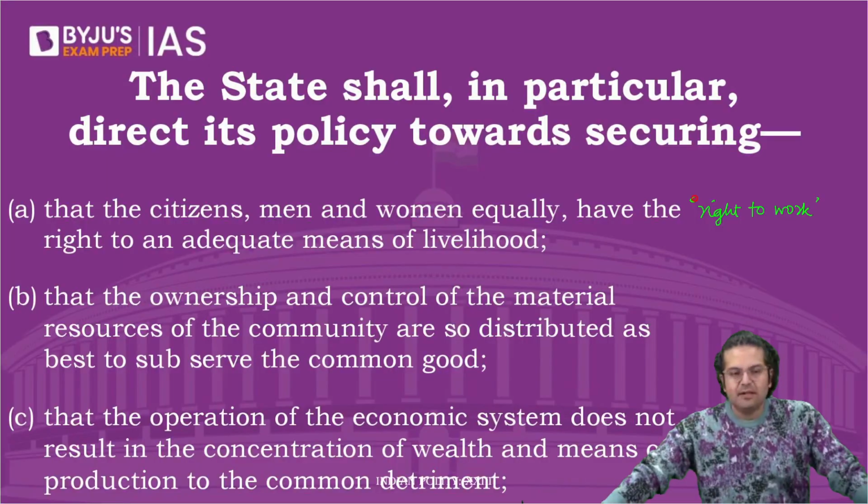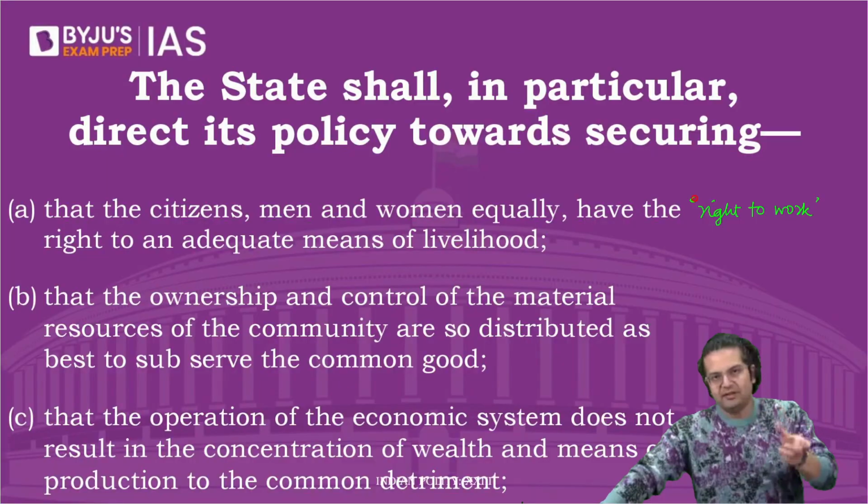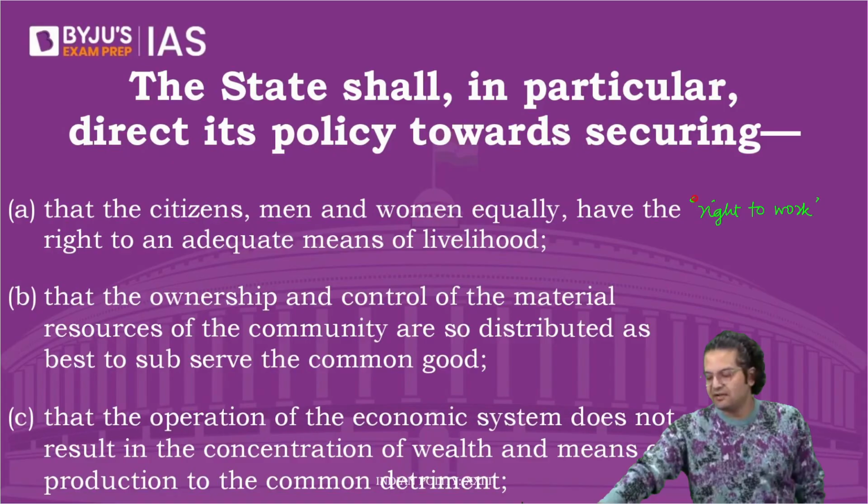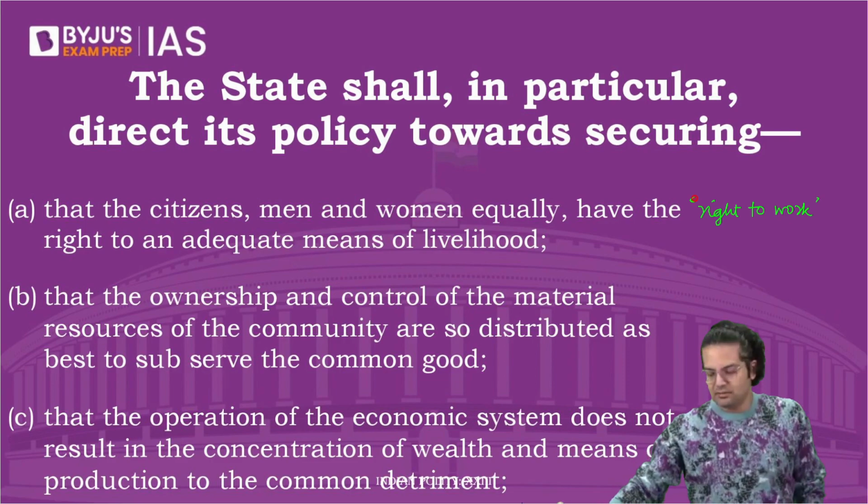39B and C. Please tell me, 39B and C are given precedence over which two fundamental rights? 39B and C have been given precedence over which two fundamental rights? Okay, absolutely correct.